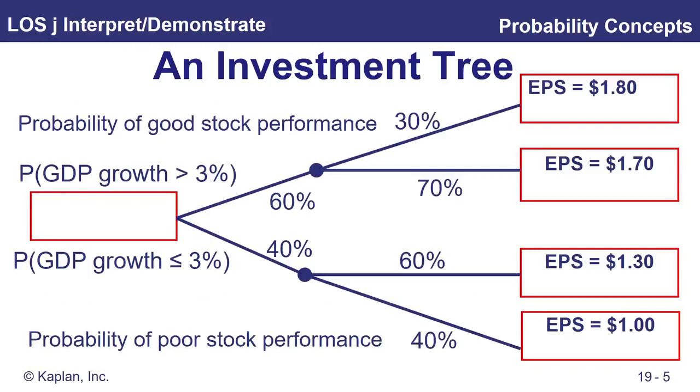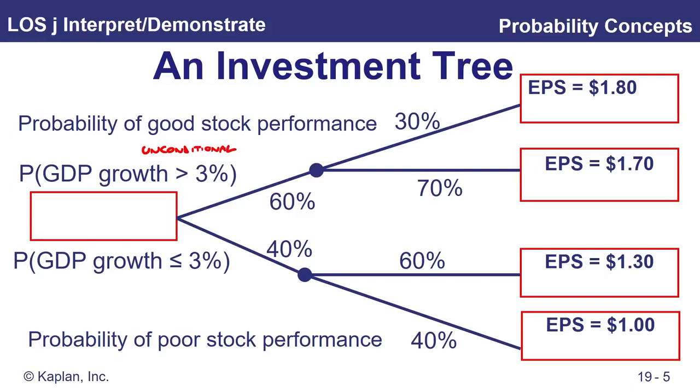Okay, and we've got an investment tree, and it now asks us to interpret a probability tree and demonstrate its application to investment problems. Now we've got an unconditional event, and we always start with our unconditional event, and that looks at GDP growth being greater than 3% or being less than or equal to 3%.